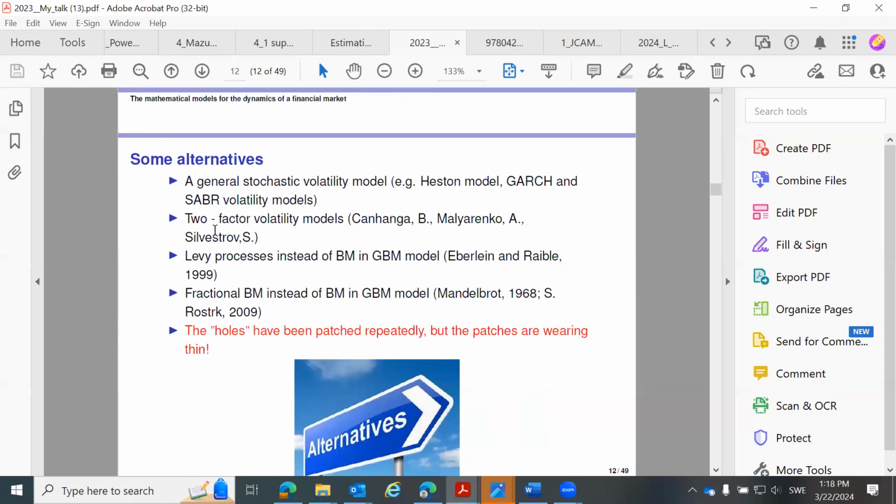What is interesting, there are two-factor volatility models, where there are not one volatility function but two, slow volatility and quick volatility. There are others with Levy processes instead of Brownian motion, fractional Brownian motion instead of Brownian motion, and others.